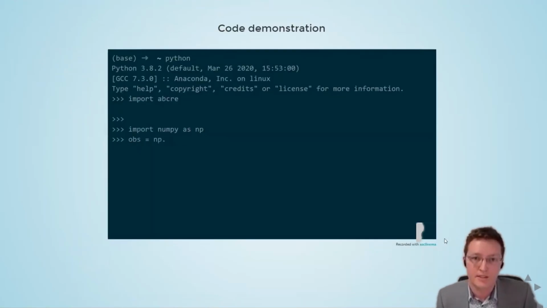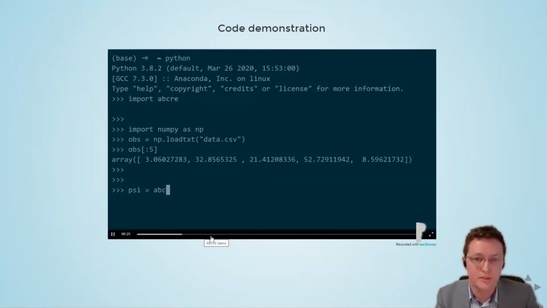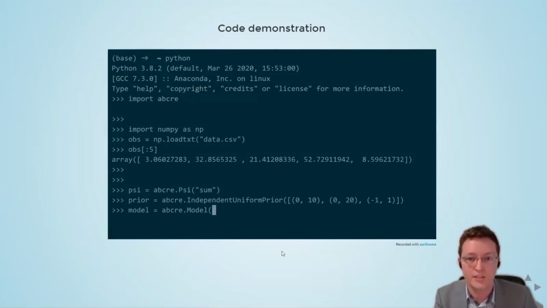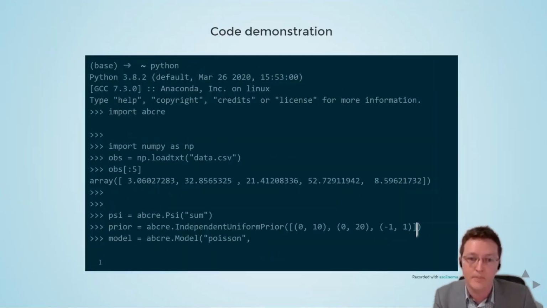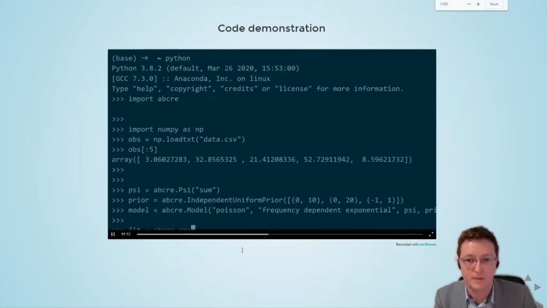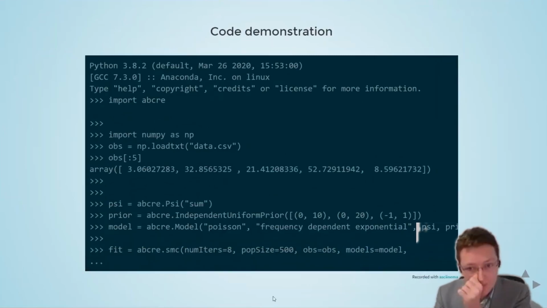One of the main things that I focused on in this work is to create a highly optimized Python package to solve these kinds of problems. So, for example, all you would need to do is specify that I have a prior that's between these values, my model is a Poisson and dependent exponential, and just call the SMC method.